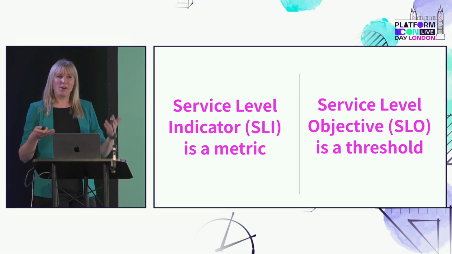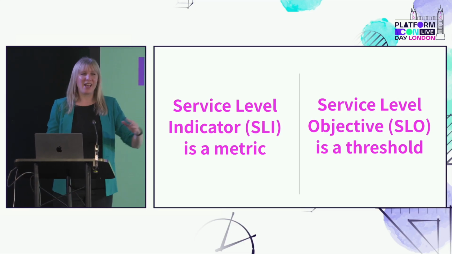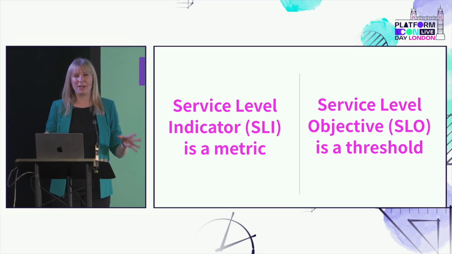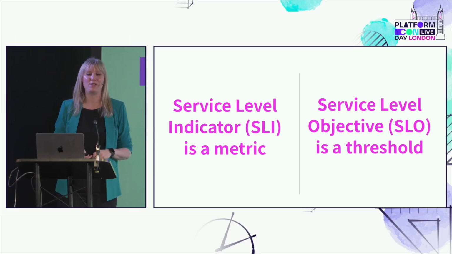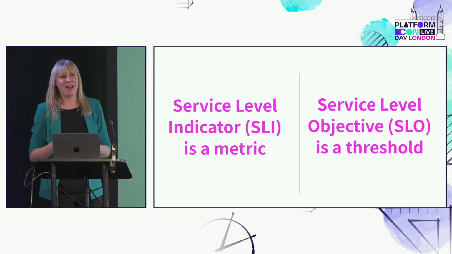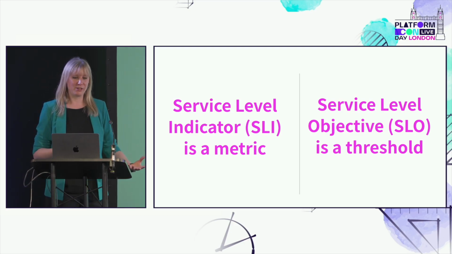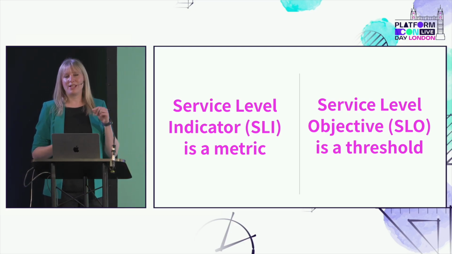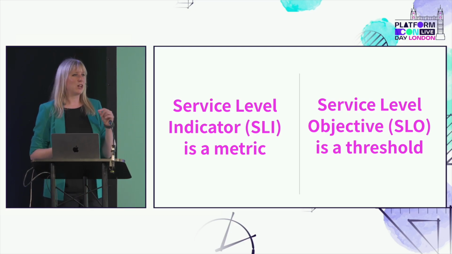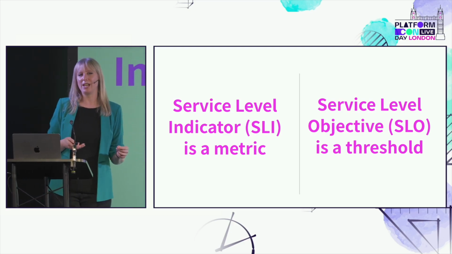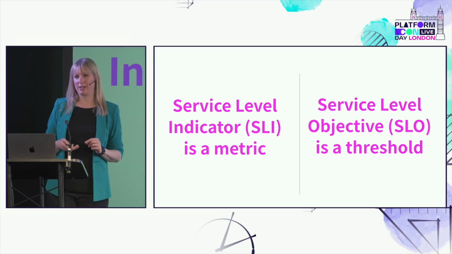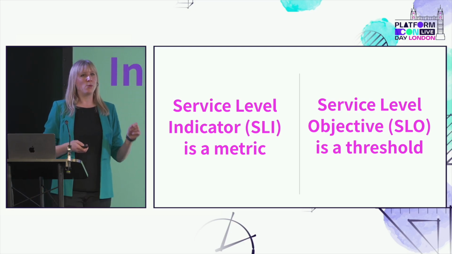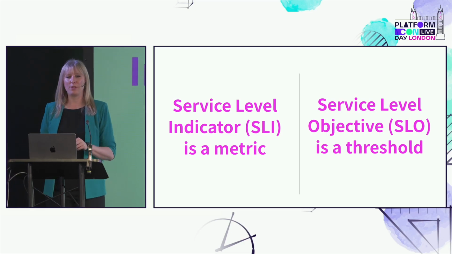So depending on where you sit in that stack, and maybe it's a lot more complicated than the picture I've drawn, it probably is if you're part of a larger organization, you will have services that you're providing to your users. And we want our service level indicators to be as close as possible a proxy to your user's happiness. What is your user trying to do? What is your user trying to achieve with your platform?